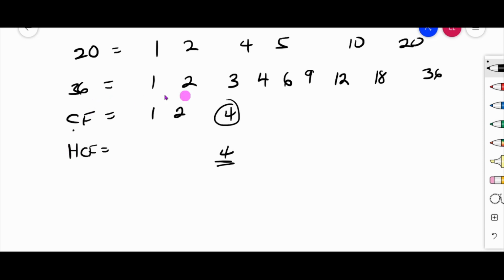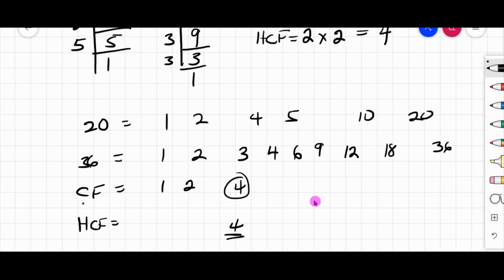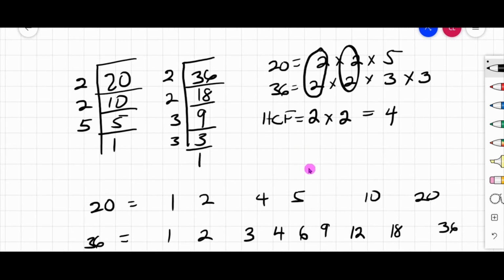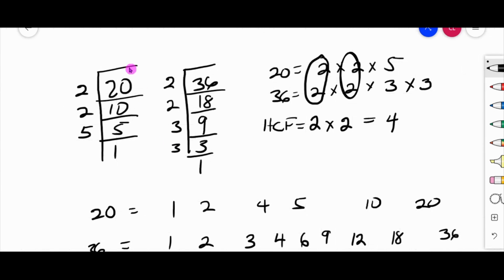Now, instead of going through this listing process, which is longer, the faster way of getting it done is to factorize each number, then look for the pairs that are common, multiply those, and you'll get the answer. So again, the highest common factor of 20 and 36 would be 4.